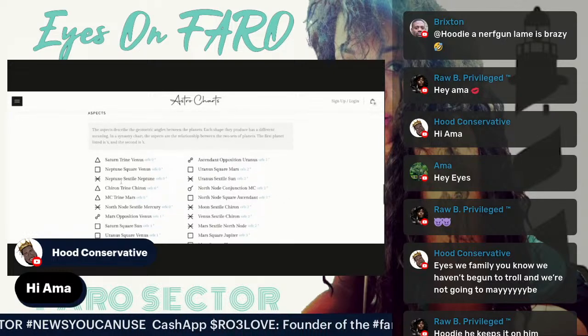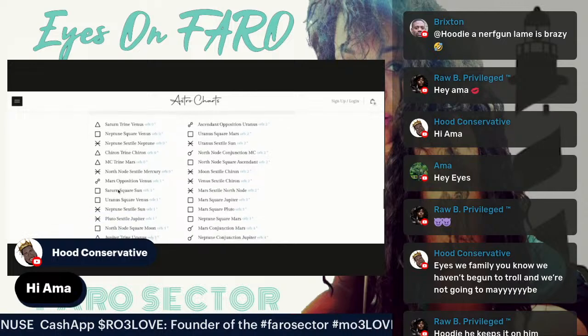We also have to understand what the planets' duties are, right? We know Saturn is karma. Saturn is Father Time. Saturn represents the devil in the tarot. And Saturn also is Chronos, the timekeeper.